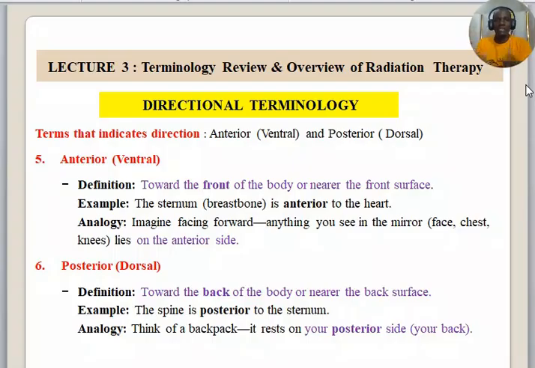So that's the anterior. And then we can also talk of posterior, which is also referred to as dorsal. Posterior is toward the back of the body or near the back surface, of course. So the spine is posterior to the sternum, just like the way the sternum is anterior to the spine.